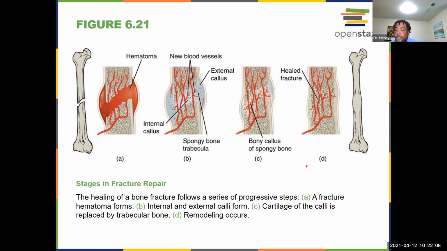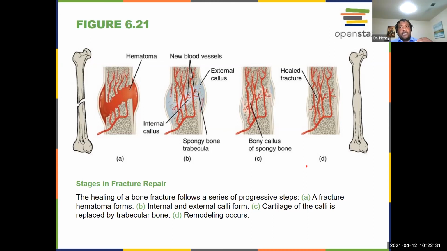And then also there are minor fractures, right? In the case of, let's say, a spiral fracture, where we've basically broken the outer portions of the bone, typically from a twist or something like that, those are a lot harder to repair as well.